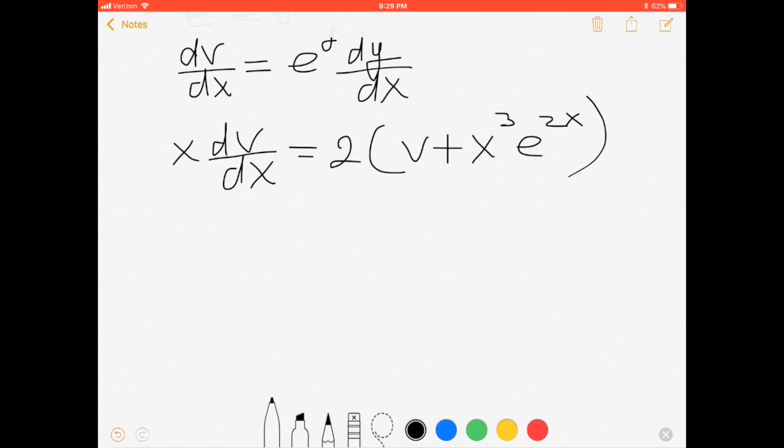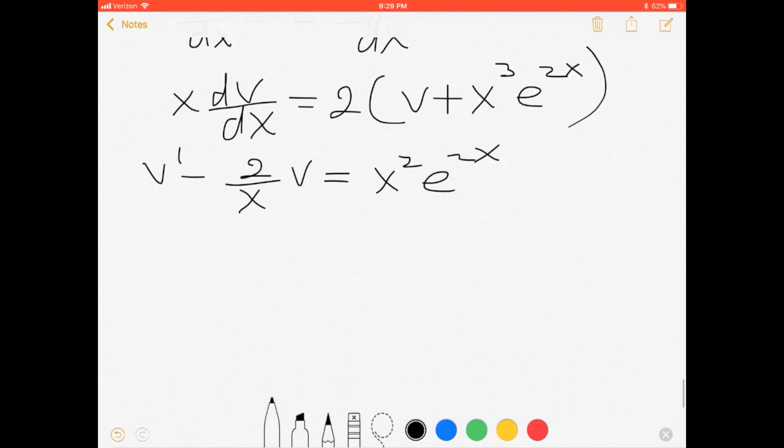At the same time I have v prime minus 2 over x v equals x squared e to the power 2x.